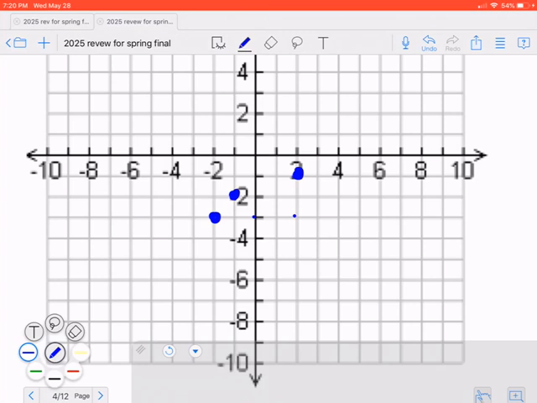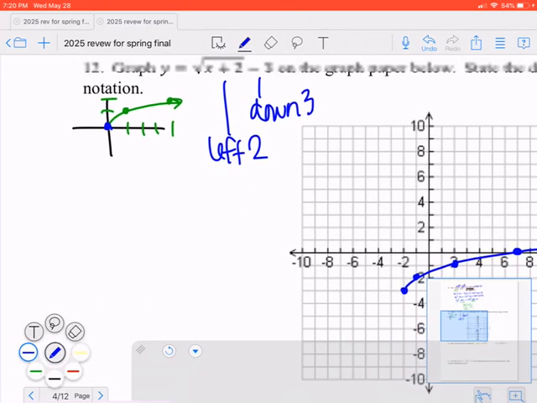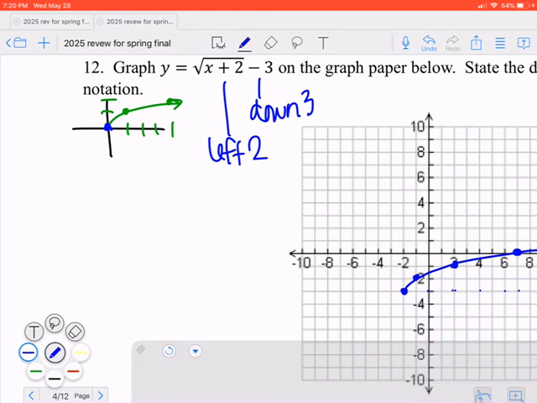And then my next square root is 9. So over 2, 4, 6, 8, 9, up 3. So I can remember that because it's just square roots. Over 1, up 1, over 4, up 2, over 9, up 3.